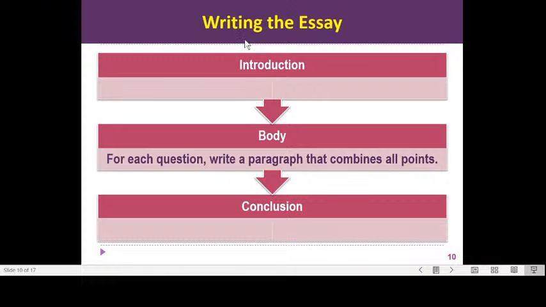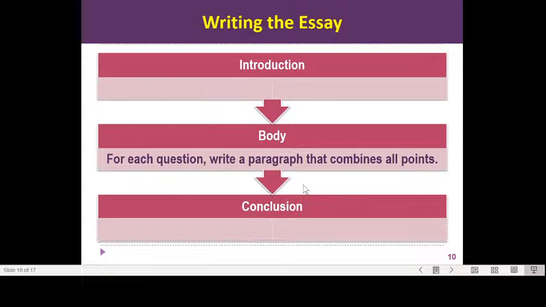Then we come to the writing part. The statement of purpose should consist of 3 parts. First, an introduction, just one paragraph or a few lines, and then the body of the statement of purpose, and it should consist of several paragraphs, and in each paragraph you talk about one part, one of the 8 parts I mentioned before in the past few slides.